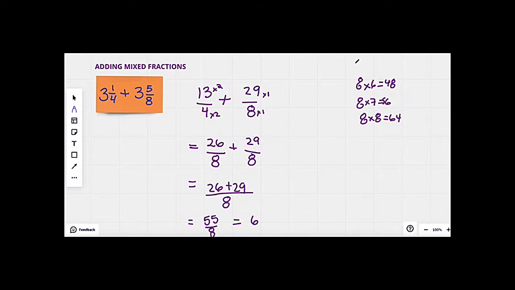And if we go one number lower, 8 times 5 equals 40. So the closest number to our 55 without going over is 8 times 6. This is why we've got our whole number 6. So 8 goes into 55 6 times, and we end up with a remainder of 7. So we put our 7 at the top, and our denominator remains the same. This is the way that we solve it by converting our fractions into improper fractions.